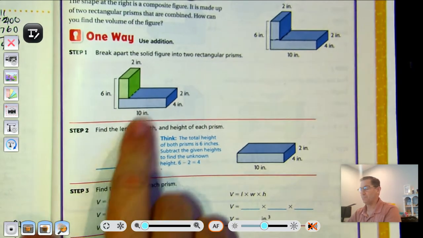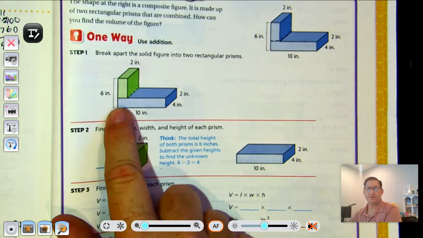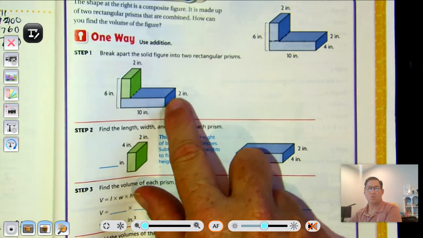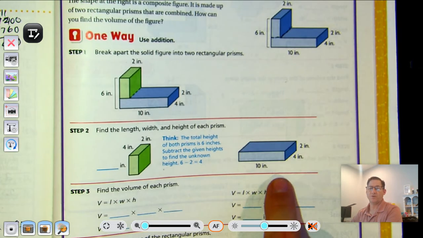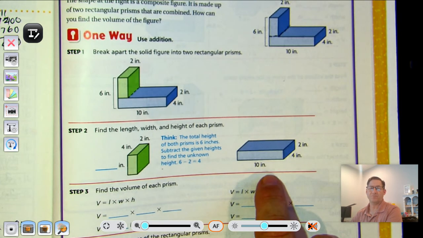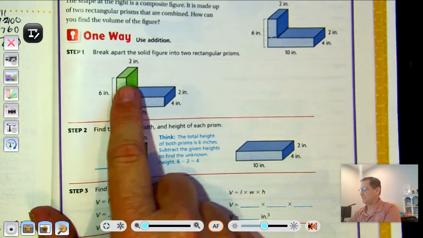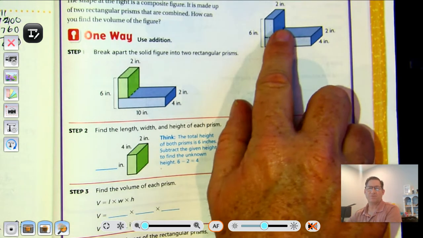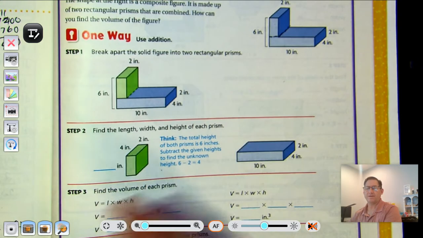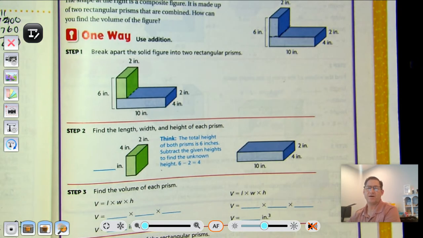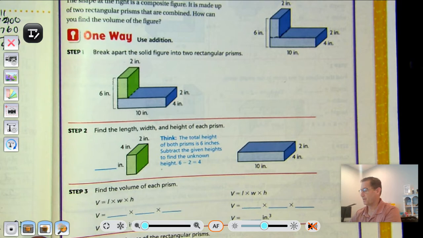Well, the blue or the bottom one, that's easy. We know that it has a length of 10, a width of 4, and a height of 2. So it's going to be easy to find the volume of the bottom rectangular prism. The green one, or the top rectangular prism, is a little more challenging, but there's enough information in the composite figures to help us.